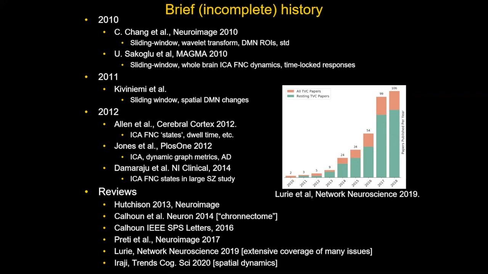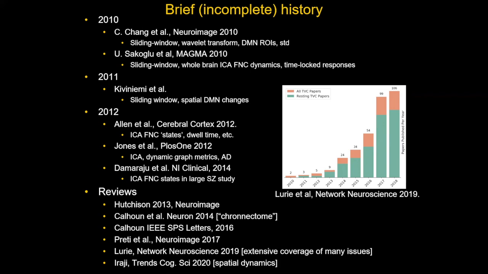Elena Allen's paper focused on identifying states of connectivity, transient periods of reorganization. Jones and Damaraju and several others started to introduce clinical applications, looking at Alzheimer's and epilepsy and schizophrenia. There are a number of reviews these days. You can see 6 of them listed down there. Matt Hutchison's paper was probably the first comprehensive summary.